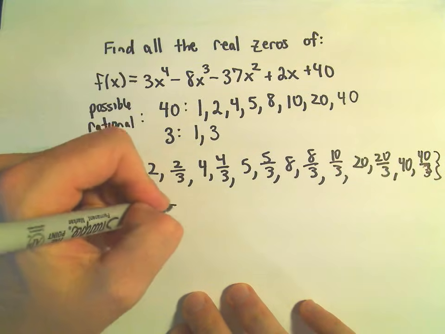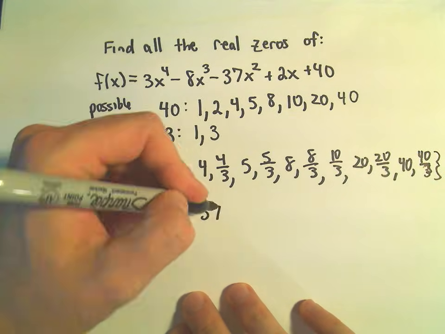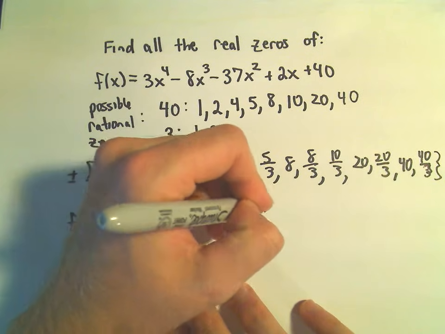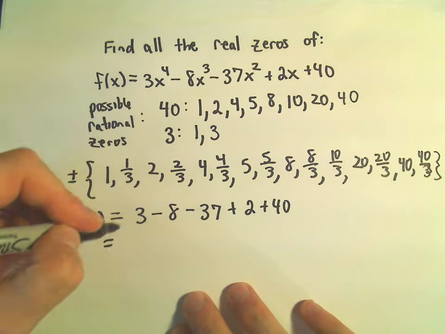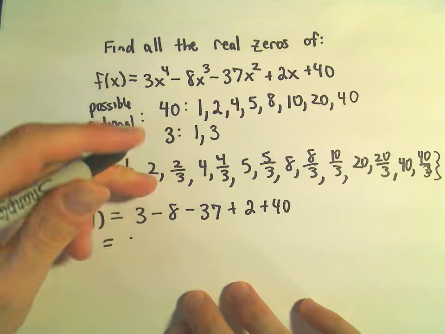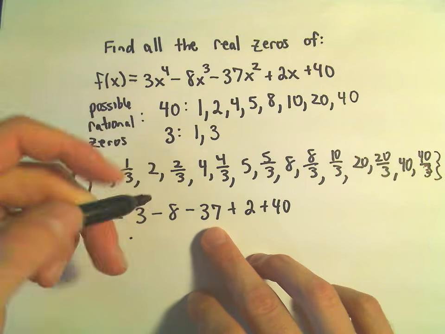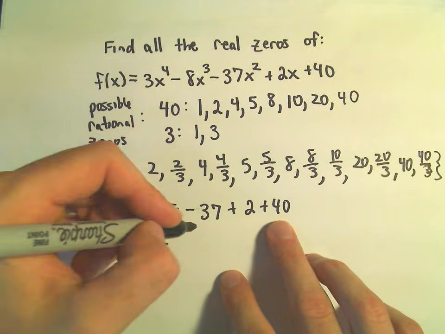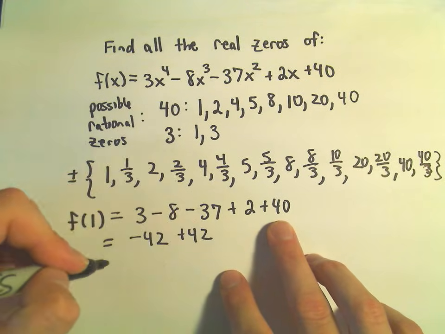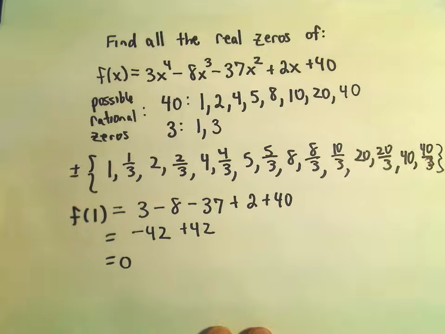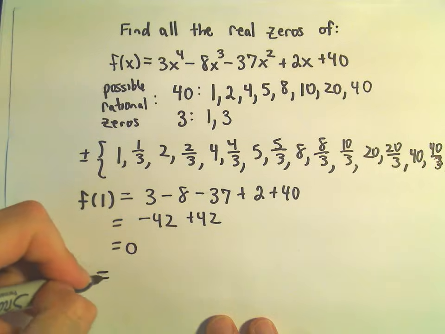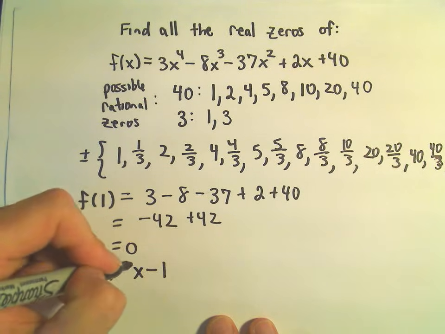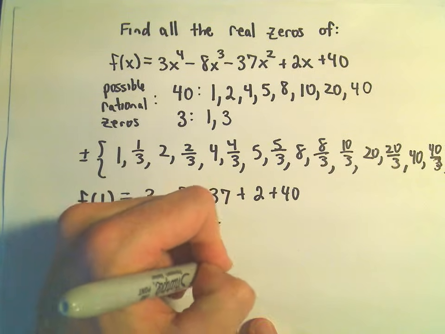So we'll have 3 minus 8 minus 37 plus 2 plus 40. 3 minus 8 is negative 5, negative 5 minus 37 is negative 42, and positive 2 and positive 40 make positive 42. So we get 0 out, which tells us that x minus 1 is a factor.